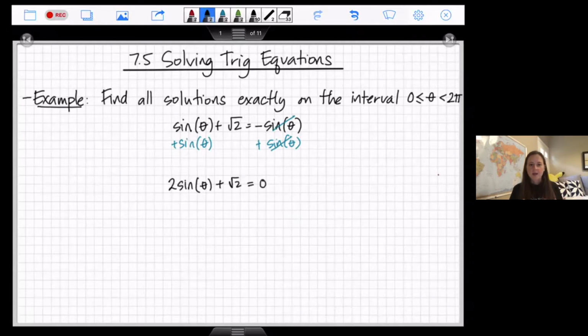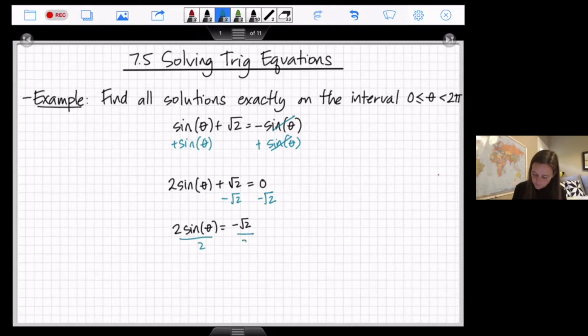And then just like in algebra, we're going to subtract the root 2 from both sides to get the variable bits by themselves. So I get 2 sine theta equals negative root 2. And then I'm going to divide both sides by 2. So I get sine theta equals negative root 2 over 2.